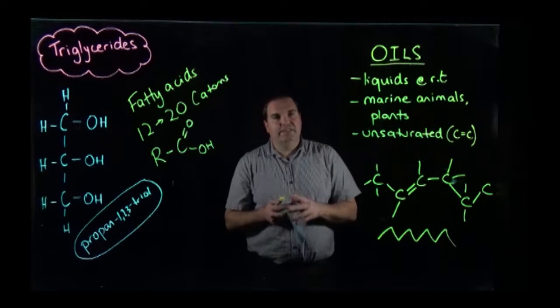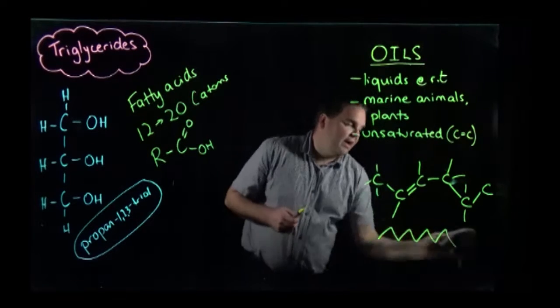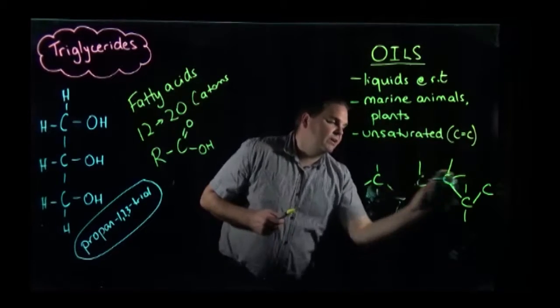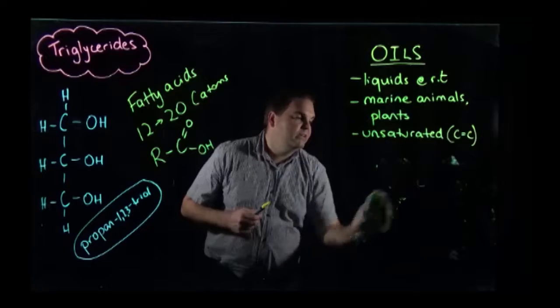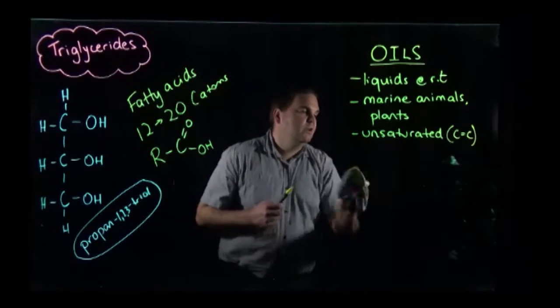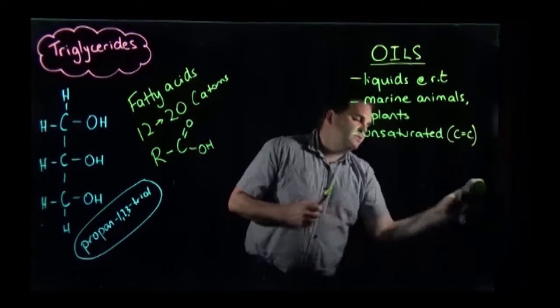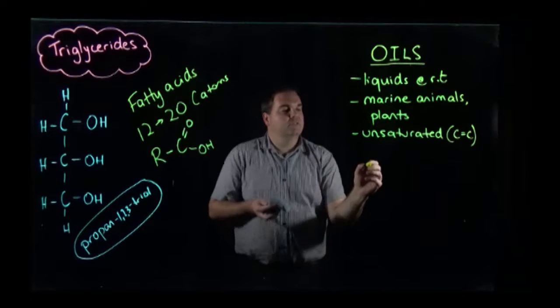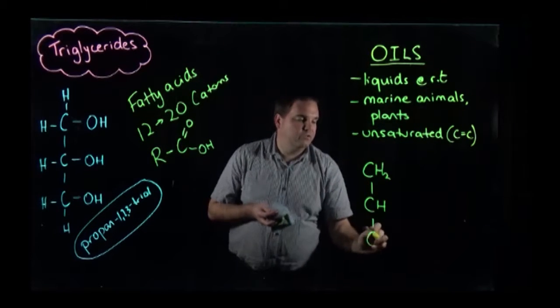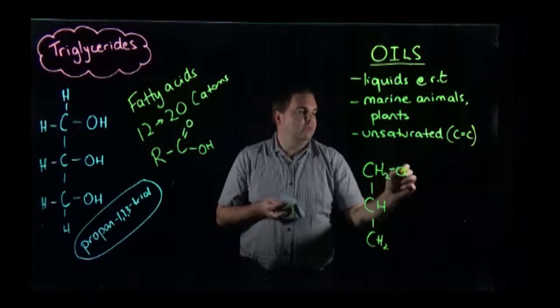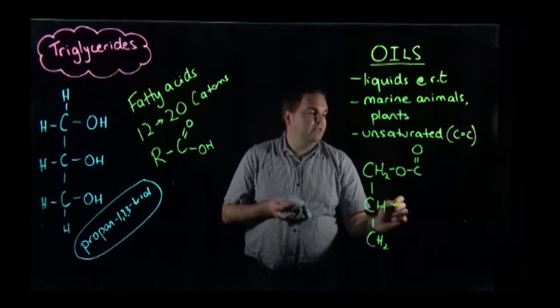What that does is that has the impact upon our carbon chain now of our triglyceride, if we draw this up, and I'm going to exaggerate it a little bit to try and make a point. So if we put propane-1,2,3-triol at the start there, and then we make our triglyceride over here.